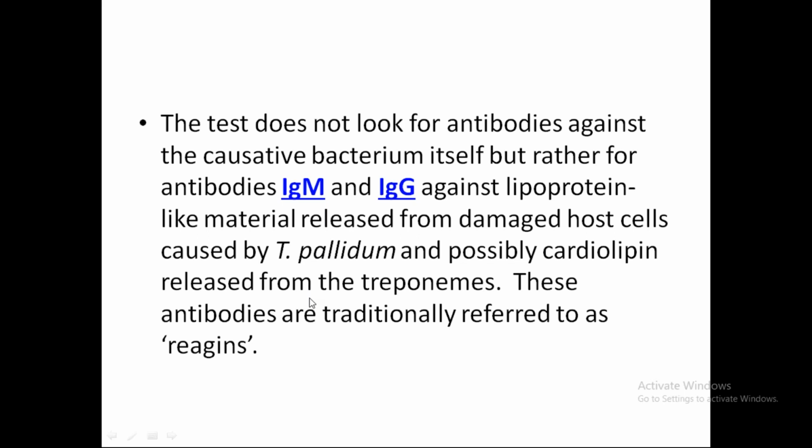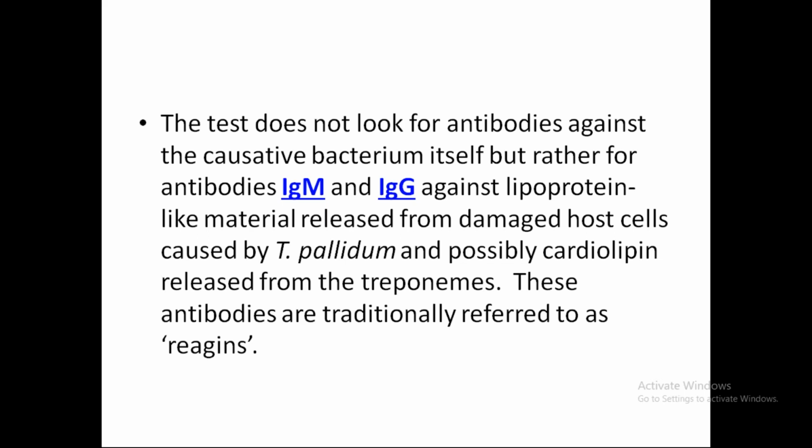The test does not look for antibodies against the causative bacteria, but it usually looks for the presence of antibodies such as IgM and IgG against lipoprotein-like materials released from damaged host cells caused by Treponema pallidum, and possibly cardiolipin released from the treponemes.